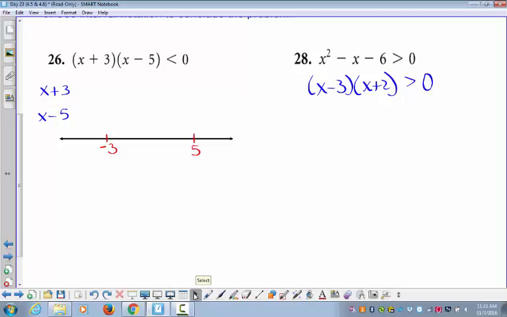We stack our factors, and then down below I'm going to start. To the left of -3, we pick a test value like -4. Plug -4 into both of those factors, we see that each are negative. And then a negative multiplied by a negative is a positive. So I'll put the result down below. I'll put an R for result.